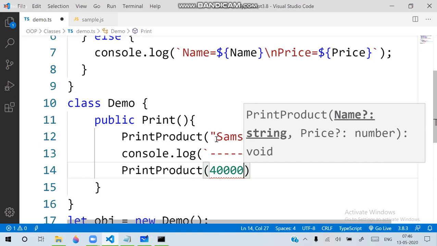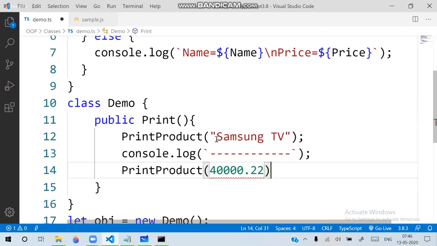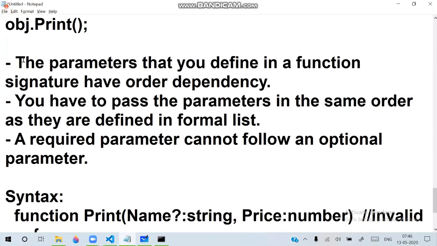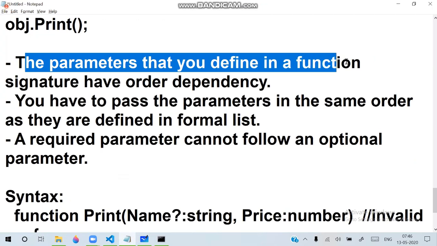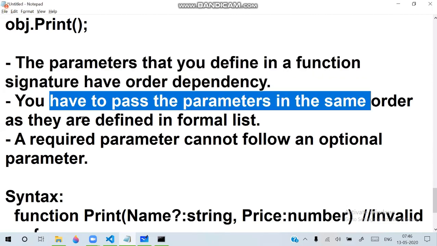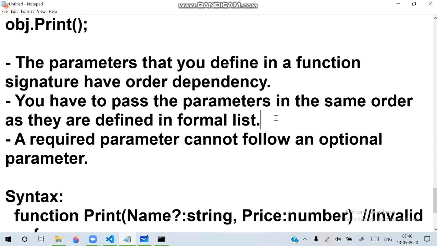Now you have a problem. You can see that it is not allowing. That is the point I told you: even if you have optional parameters, the parameters you have defined in a function signature have order dependency. Order dependency means you have to pass the parameters in the same order as they are defined in the formal list.